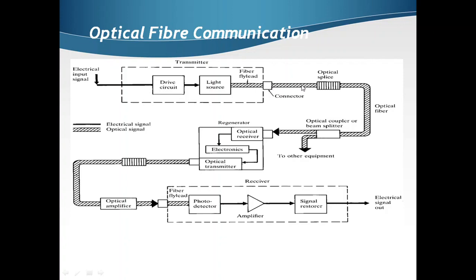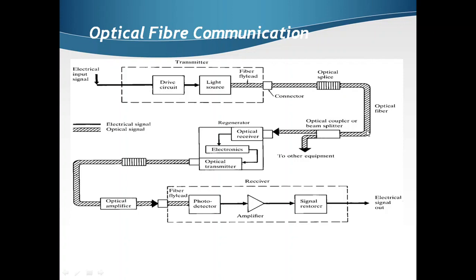Now, after a particular distance, the optical splice is used. So, what is optical splice? Basically, it is used for connecting two different optical cables together. And then again, using the optical splice, the electromagnetic waves are made to travel.